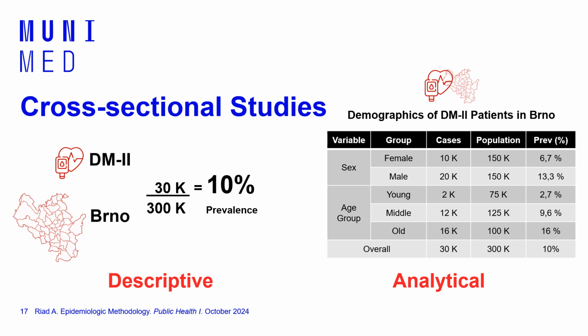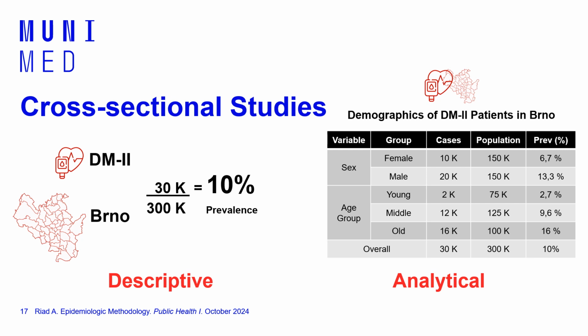So getting only information about the prevalence makes the study descriptive, but having more information about the people who have the disease, like their sex, their age groups, their BMI, their other potential risk factors, this will lead to conclusions about the potential risk factors, and this is called analytical cross-sectional studies.